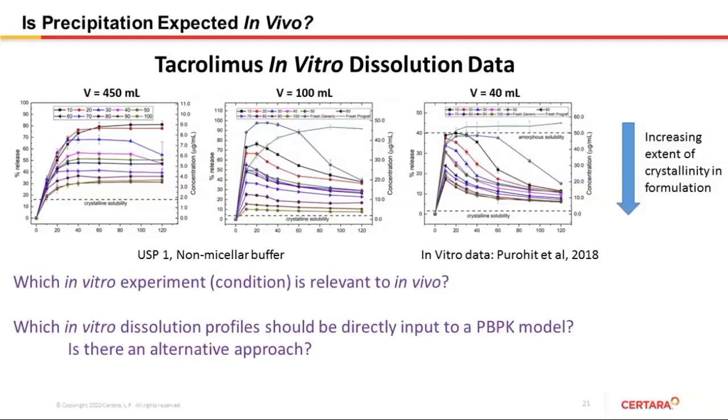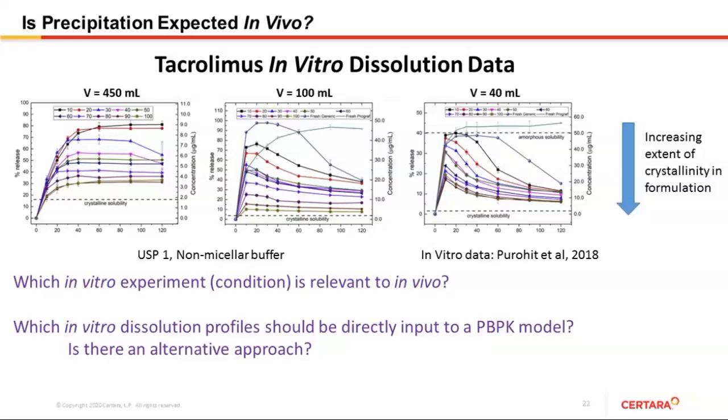So one question you might want to ask is which in vitro experiment or condition is relevant to in vivo? And if you chose to take one of these in vitro profiles and provide it as direct input to a PBPK model, which one should you use?